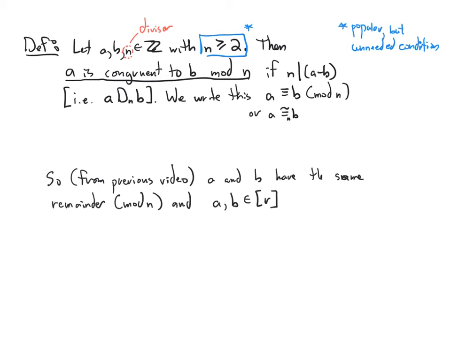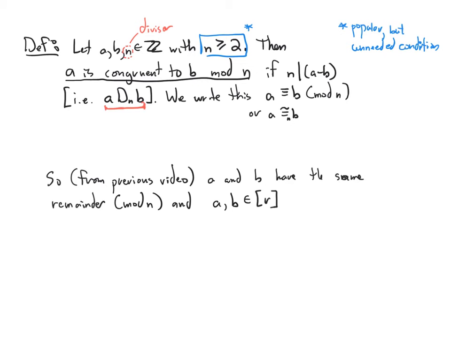So we have these integers, a and b, and our divisor here. We say a is congruent to b modulo n, or mod n, if n is a factor of a minus b. Just like in that video before, if a and b are related with that equivalence relation we talked about.